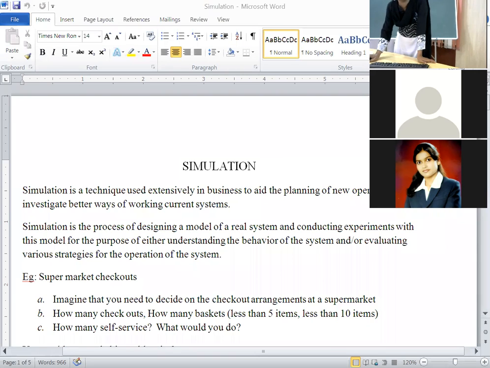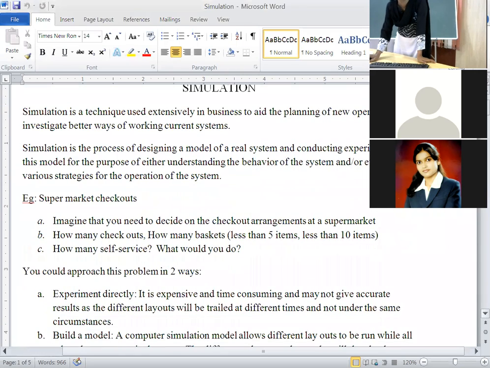We will see simulation today. Go through these definitions. Go through the definitions of simulation.